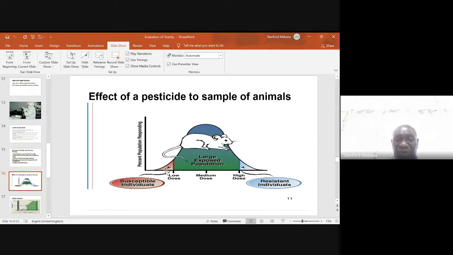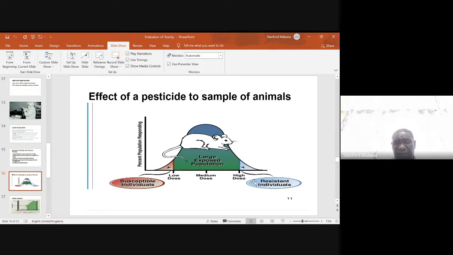Others may respond to a medium dose. So these are the majority. Then there is also an extreme end where even if you use a high dose, you have the resistant individuals.